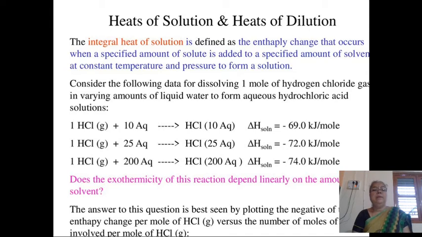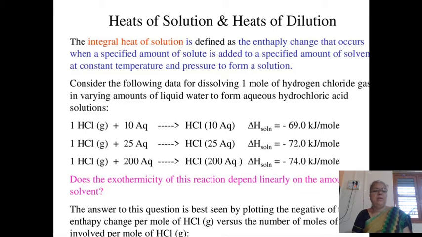Remember, integral heat of solution means the enthalpy change that occurs when a definite amount of solute is added to a definite amount of solvent at constant temperature and pressure to form a solution. And consider the following data: for dissolving 1 mole of hydrogen chloride gas in varying amounts of liquid to form an aqueous hydrochloric acid solution.